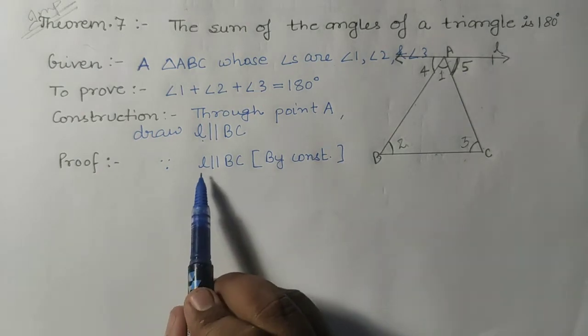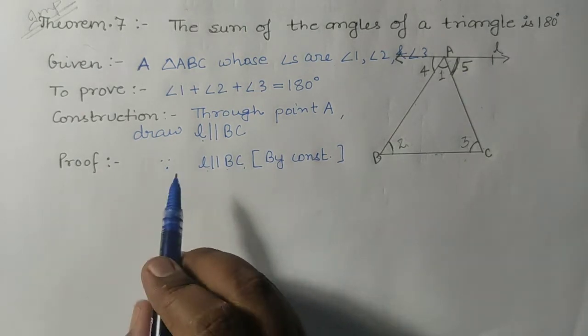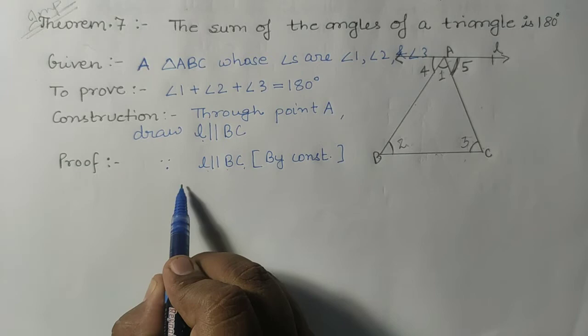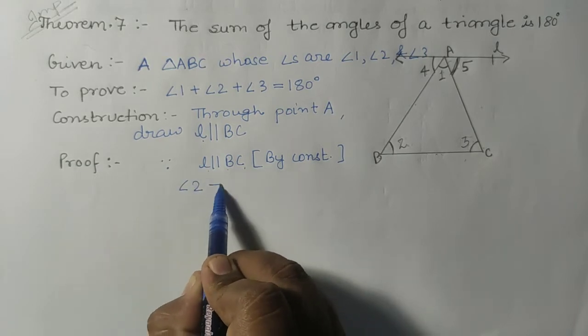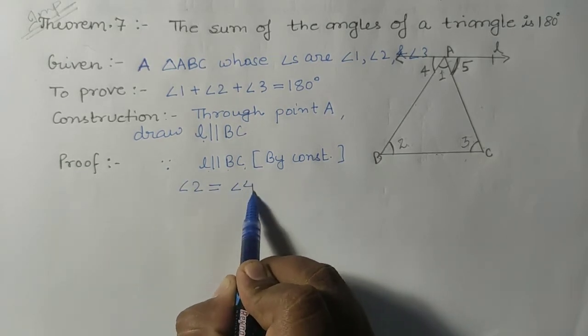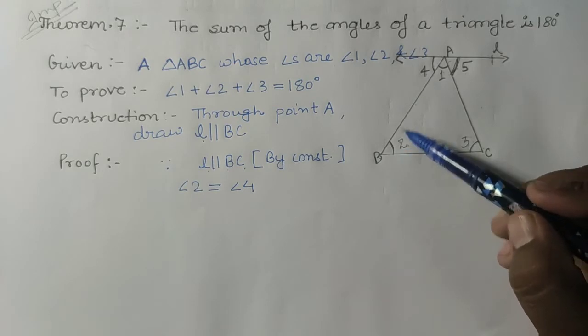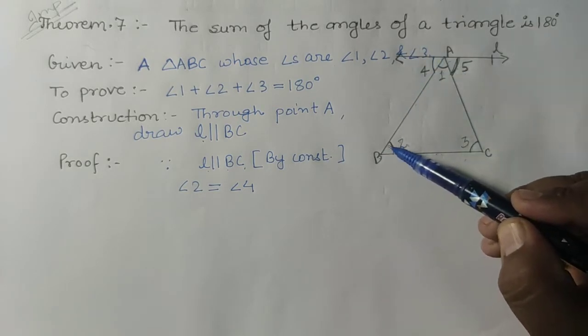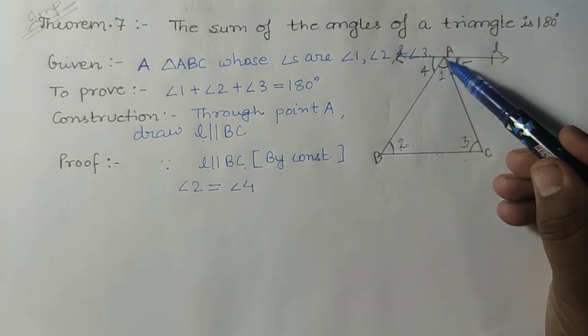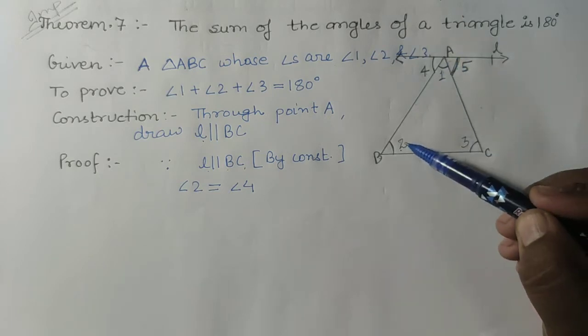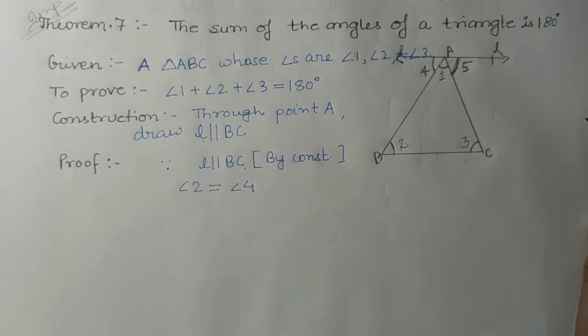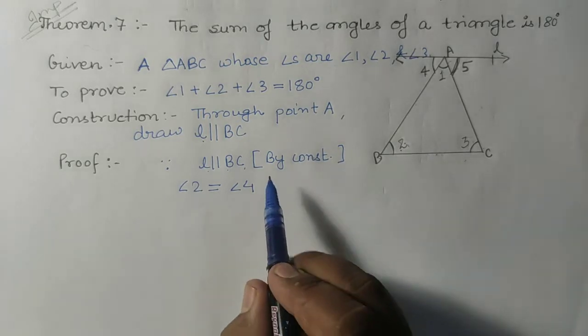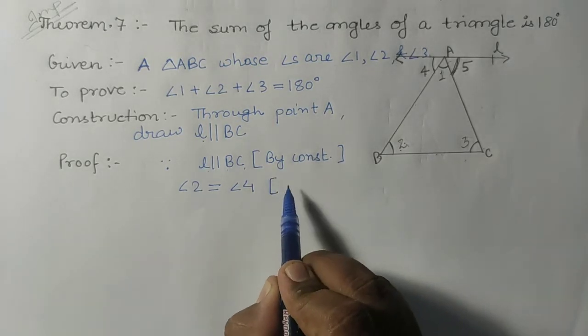So since L is parallel to BC, we can see that angle 2 is equal to angle 4. What is the reason behind it? These two lines are parallel, then BA will be the transversal. So angle 2 will be equal to angle 4. What is the reason?